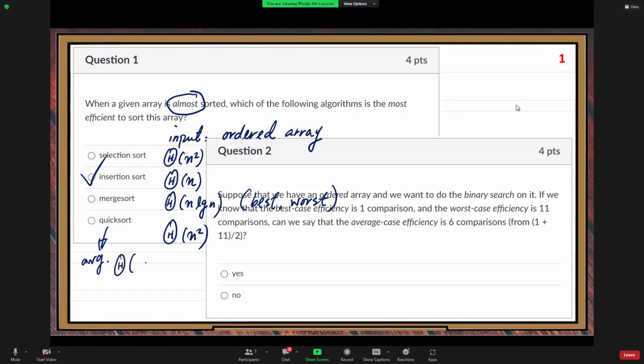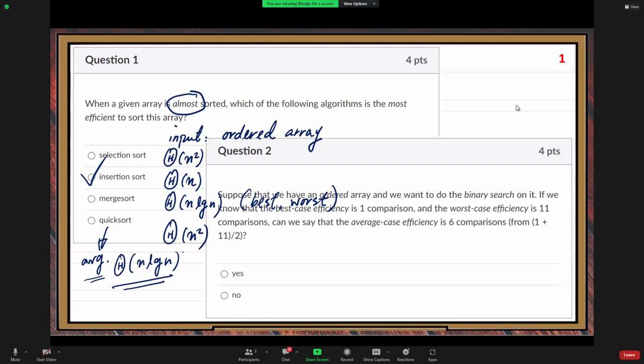You can use your logical understanding: n log n, because the average case is better than most of the other sorts. How can it be n squared? It's better than most other sorts in the average case.